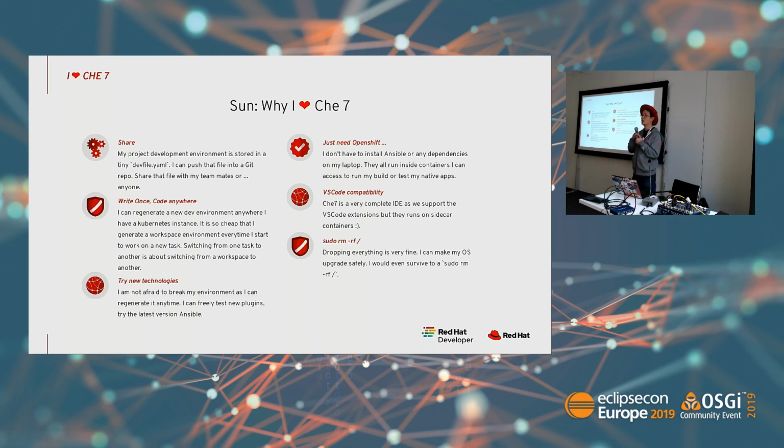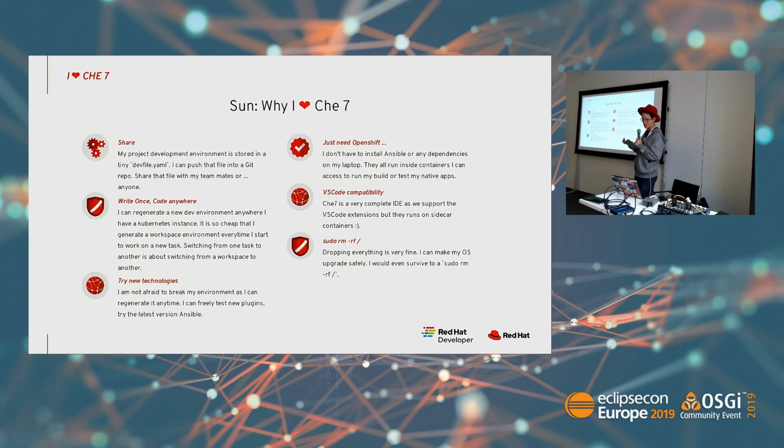Try new technologies. So the thing is that when you want to try new things like Quarkus, you don't want to go into the installation of libraries like GraalVM and so on. And you don't want to pollute your computer. If you want to try the new version of Java, sometimes you don't want to mess up with the one that you're using every day. With Che, because everything is in containers, you can easily start a workspace, try new things, and then remove it.